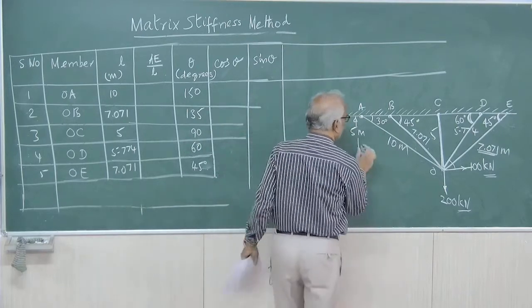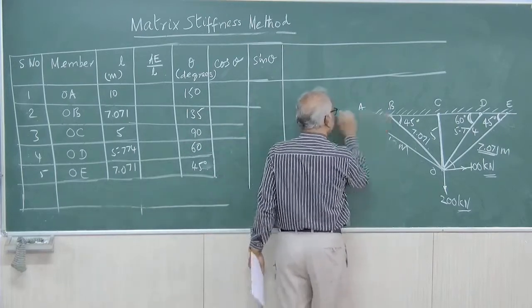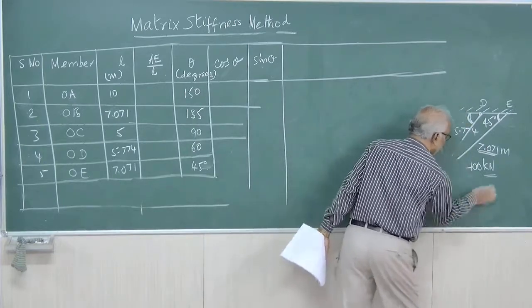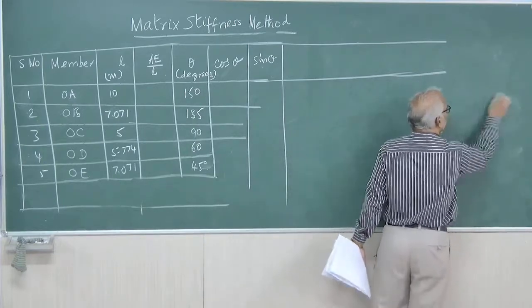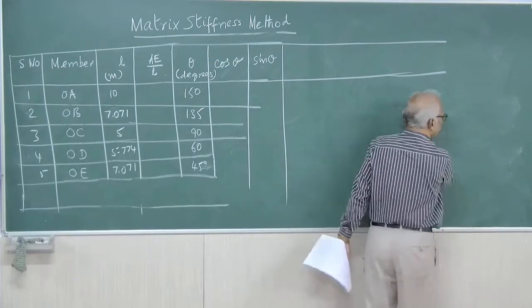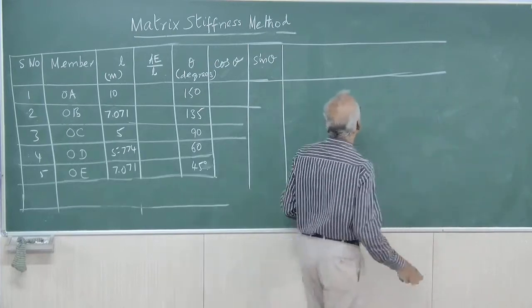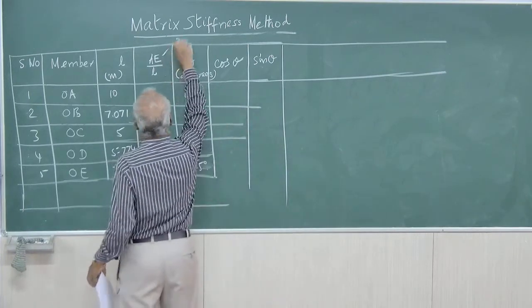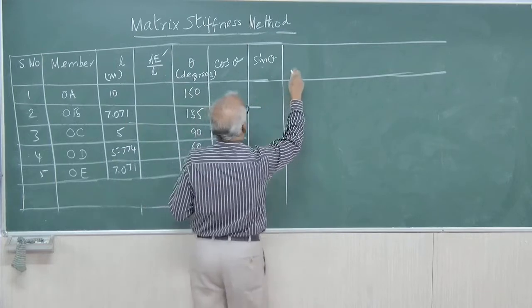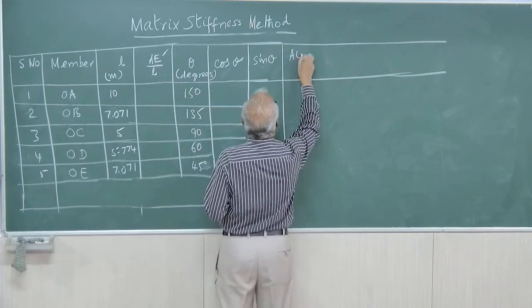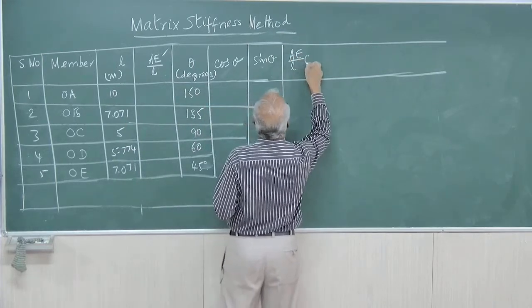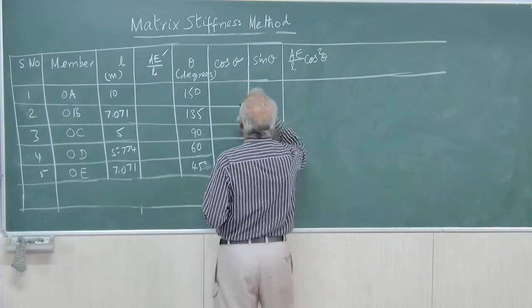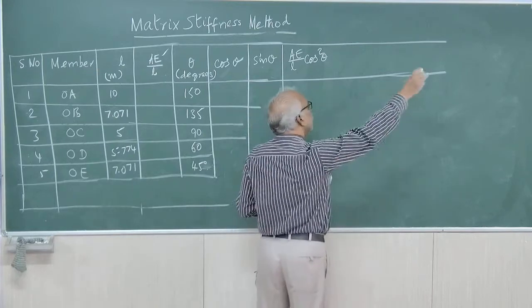I think this figure also we can rub off, it is not necessary. After extracting whatever values we want, we can forget about this for the time being, because the table will be lengthy. Then AE by L into cos square theta. We need not open out a column for cos square theta, that will be very lengthy.